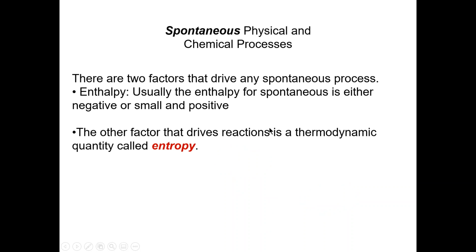But it turns out that enthalpy is not the only factor that you can use to make a prediction as to whether or not a reaction is spontaneous. The other factor that makes reactions spontaneous is a thermodynamic quantity known as entropy.